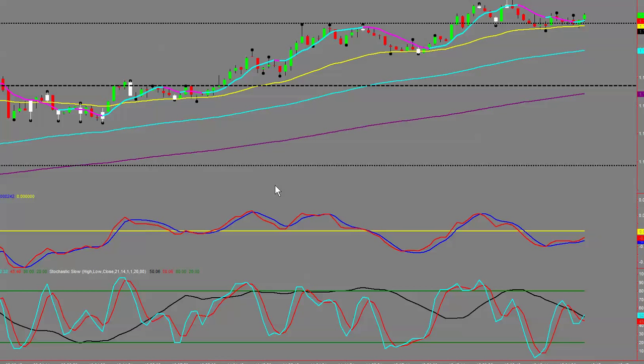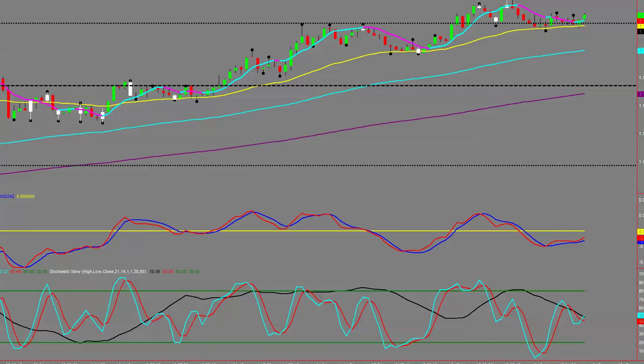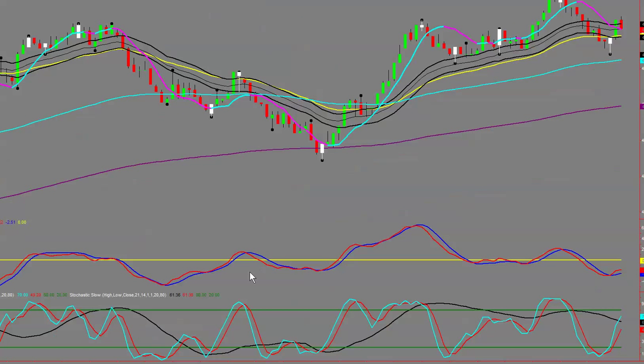Oh gee whiz, I've got the wrong market here. Let me switch over here. This is what I wanted to show you. That was the euro dollar, the 89 tick chart. But what I wanted to show you is the NQ 55 tick.